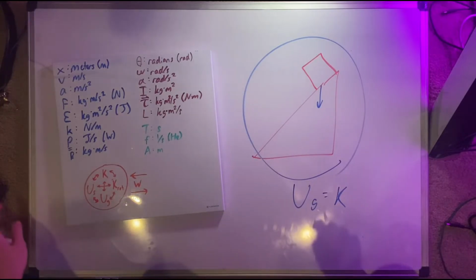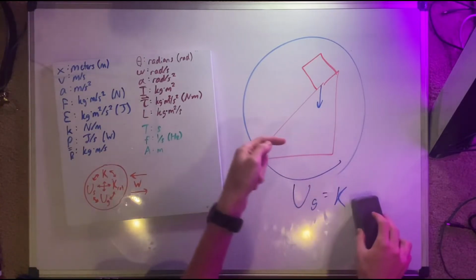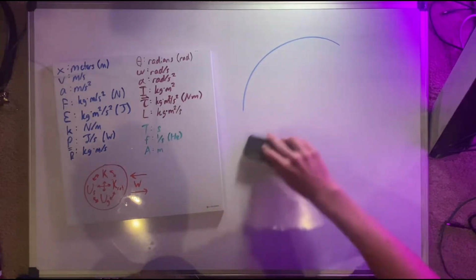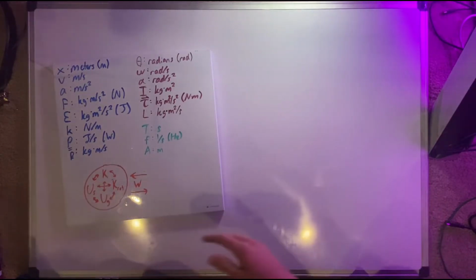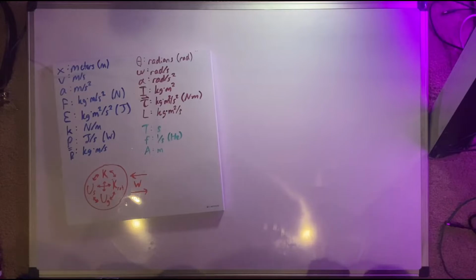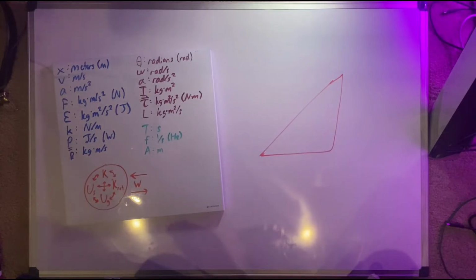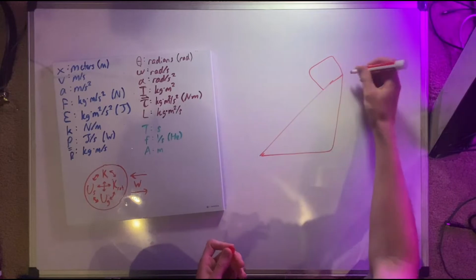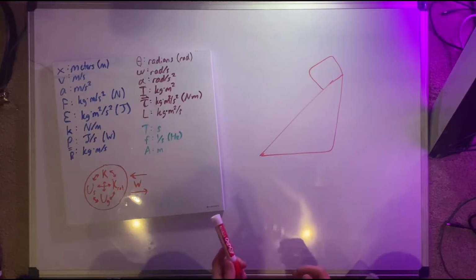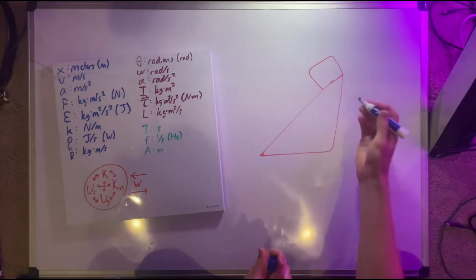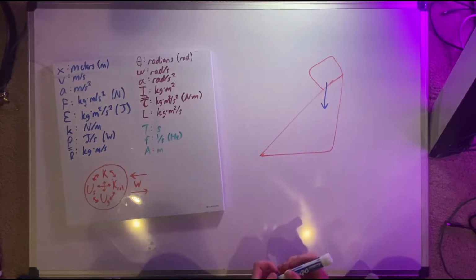Now, if we said our system was just the box, it would seem like energy is appearing out of thin air because, of course, the only energy that matters when a box on a hill like this is the only thing in your system. If a box is the only thing that matters, then you're going to see gravity pull that box down, and then all of a sudden this box starts gaining speed.